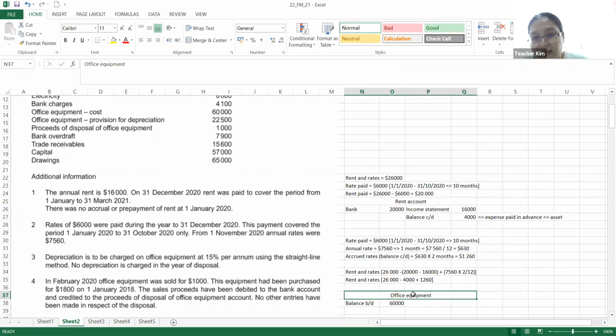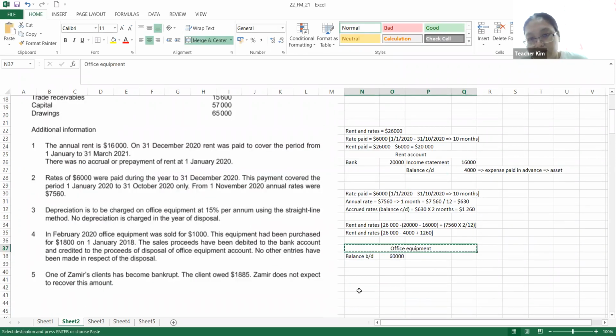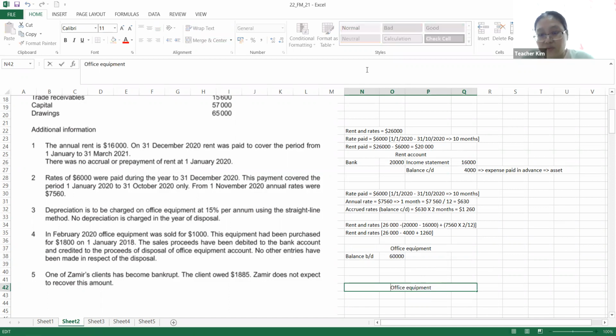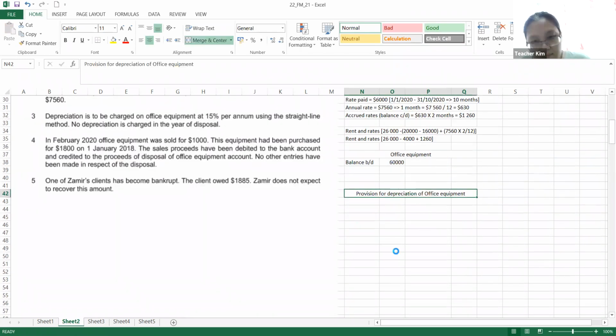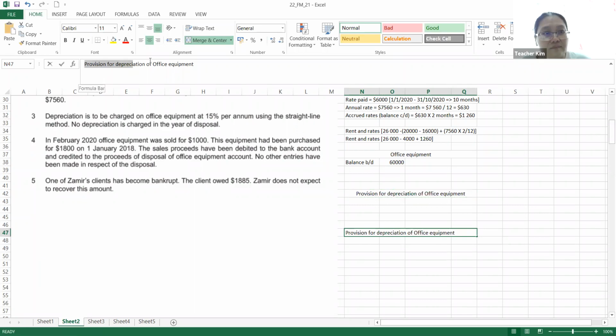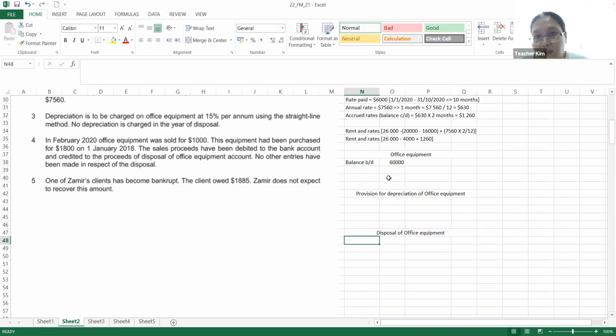Okay, and then another account that we need to open is provision, because we need to calculate the provision for depreciation of office equipment. Another account we open is the disposal account. Disposal of office equipment.